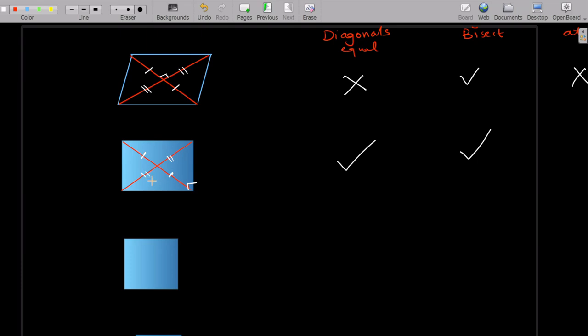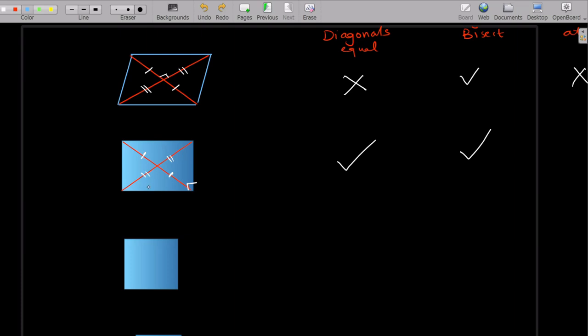Will they bisect at 90 degrees? Does it look like a 90 degrees angle? I think so. So draw a very slim rectangle. Let's draw a very slim rectangle.